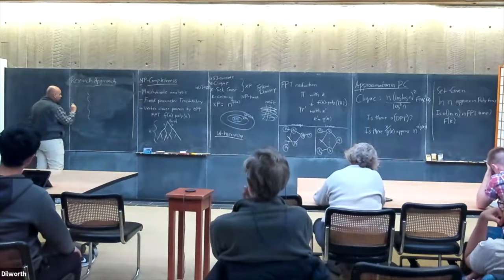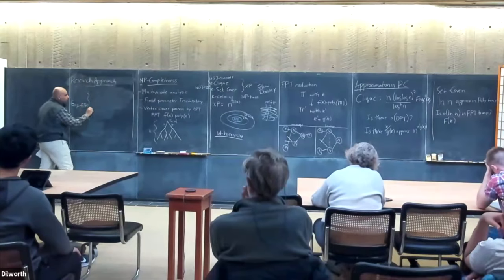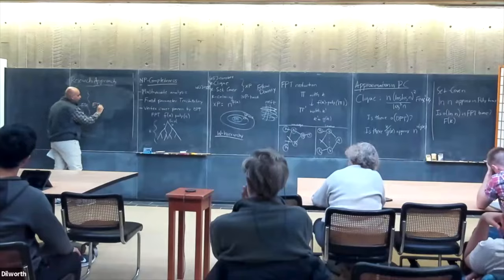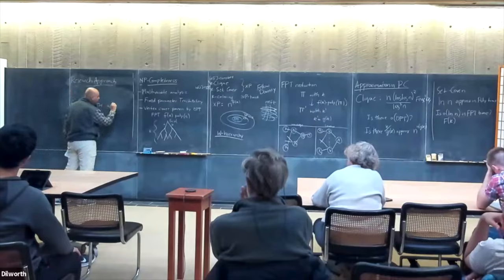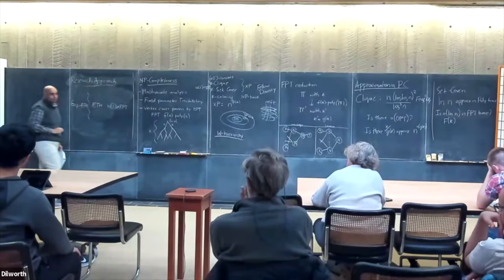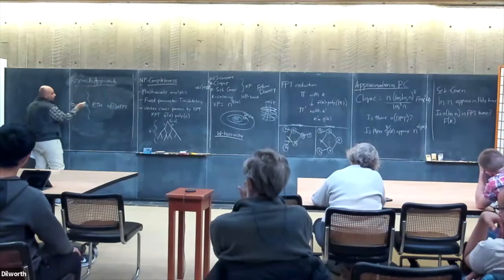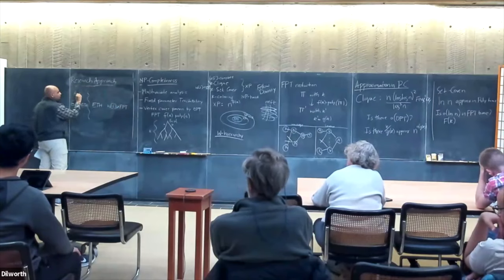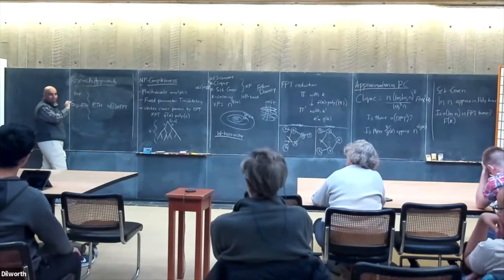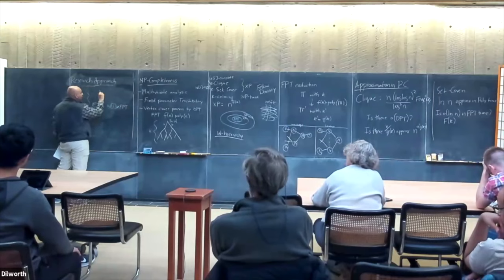One is gap ETH. The other is ETH, and W1 not equal to FPT. The distinction is that this has a gap. I'll tell what these are. Some people in the audience don't know what PCPs are, I'll define them now. And this is no gap.